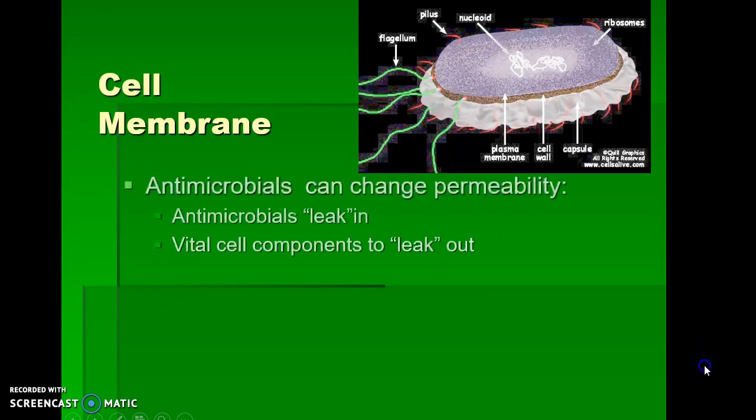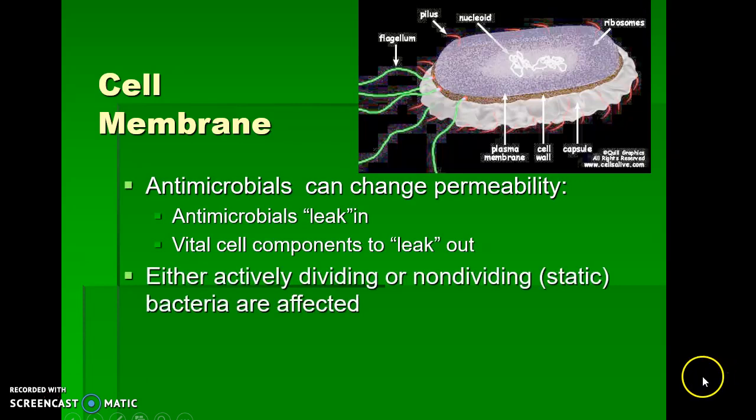So the cell membrane is also an area that can be affected in a microorganism by an antibiotic. It can change the permeability of the cell membrane, allowing important things to leak out. The antimicrobials can have better access to the microorganisms.